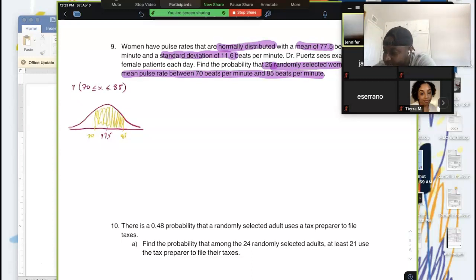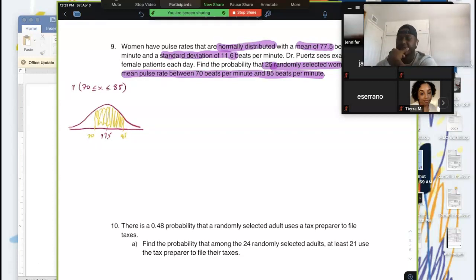Can anybody see how this problem is different than number 7 that we did earlier? Yeah, so the 77.5 is in the middle of 70 and 85. So we're not off to the side of the mean, we're on each side of the mean.